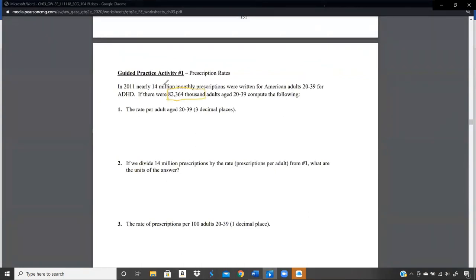Why did they give us millions of people in one value and then thousands of people in another value? You know why? To mess with us, to make us think and to make us be careful, because that's what the media does. They screw with us. So this is our first instance of inconsistent units between the same type of quantity.